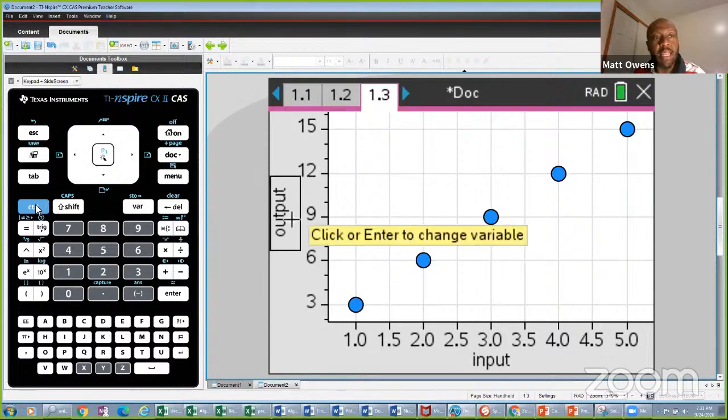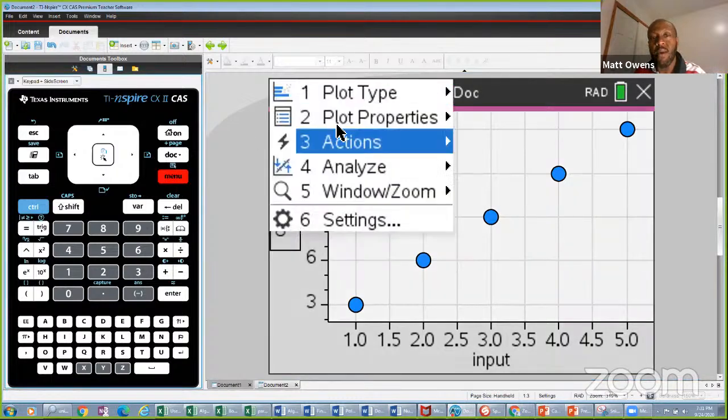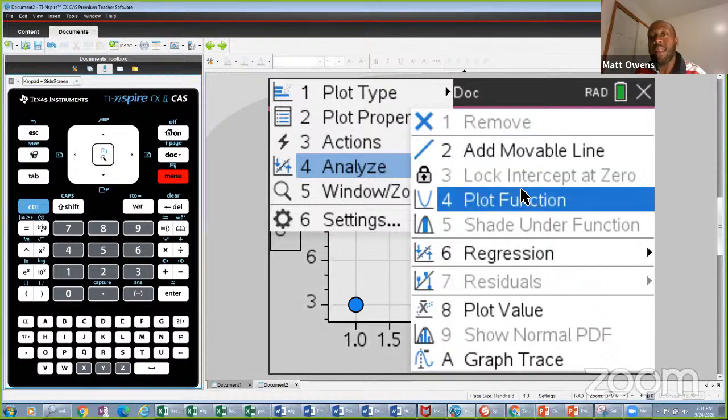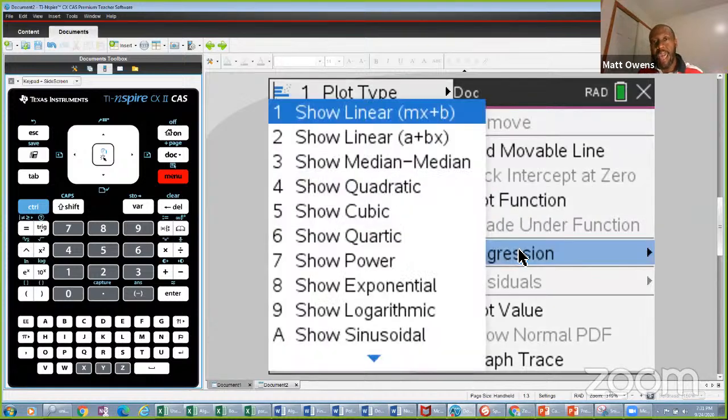The beautiful thing in this environment is that students, if I click on menu, followed by analyze and plot function. A lot of times in middle and high school grades, once the data is here, some students jump directly to a regression curve to look at a particular model that could be retrieved here.